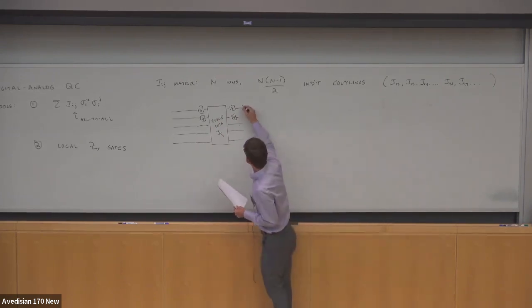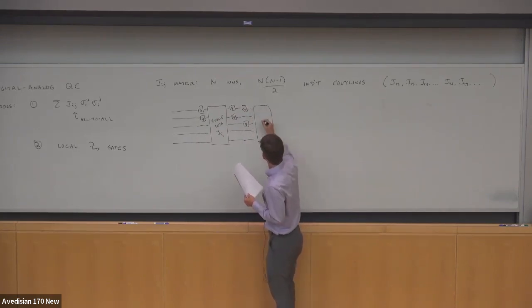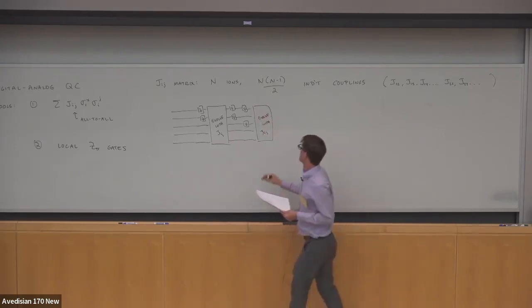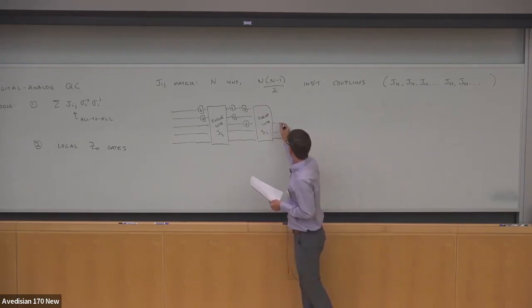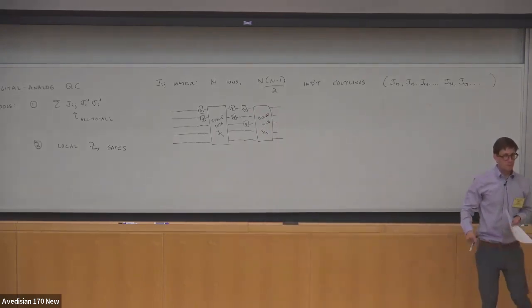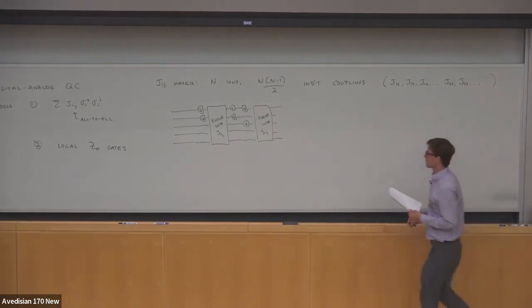As the next step, you do the same thing, but now for qubits 1 and 3. And then you evolve with your Jij. And you keep doing this until you hit every pair: 1, 2, 1, 3, 1, 4, 1, 5, 2, 3, 2, 4, 2, 5, and so on.